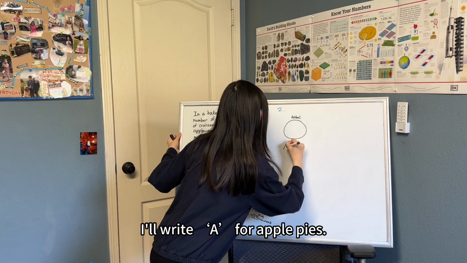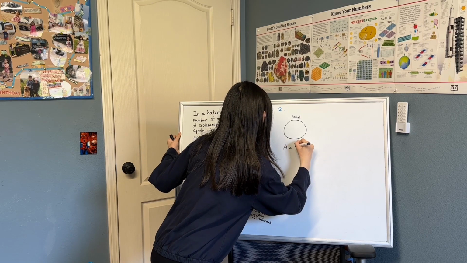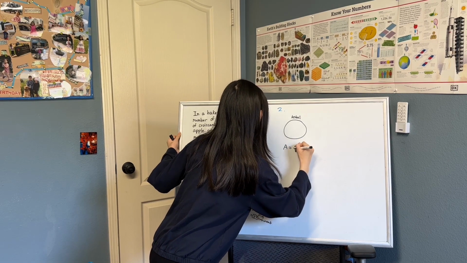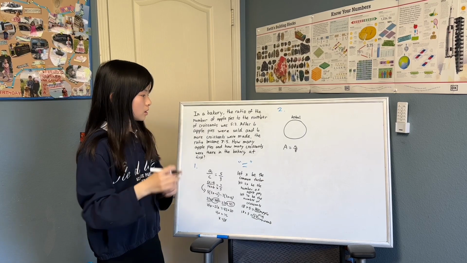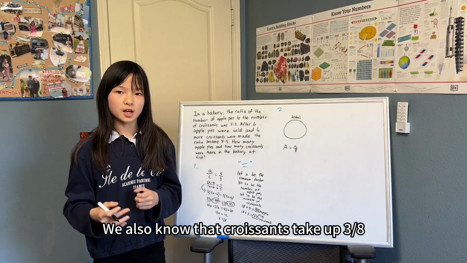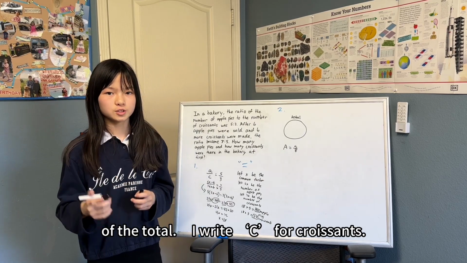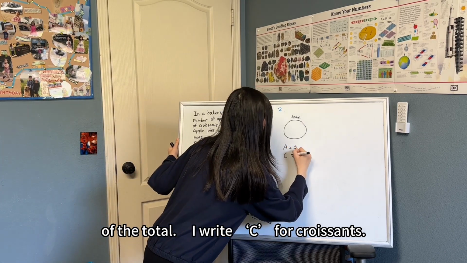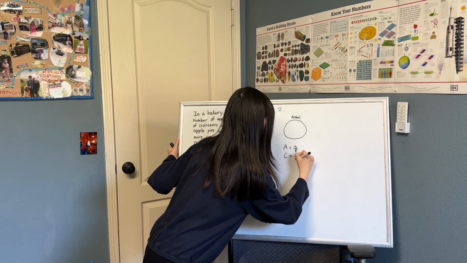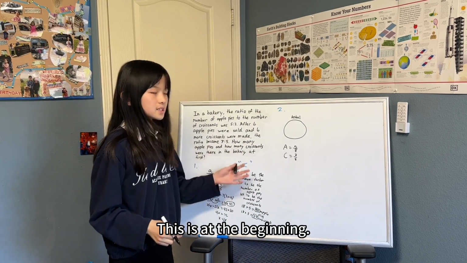I'll write A for apple pies. We also know that croissants take up 3/8 of the total. I'll write C for croissants. This is at the beginning.